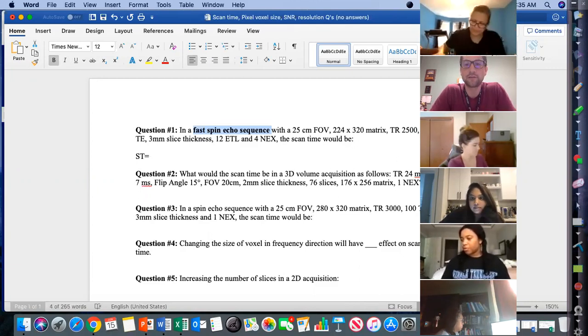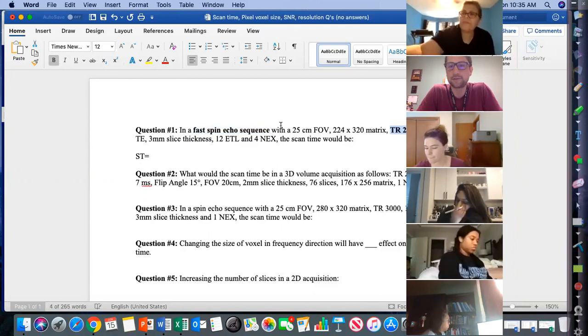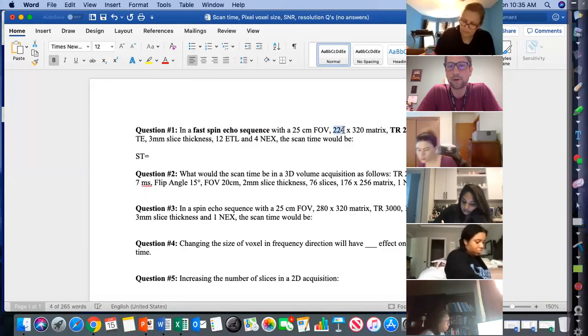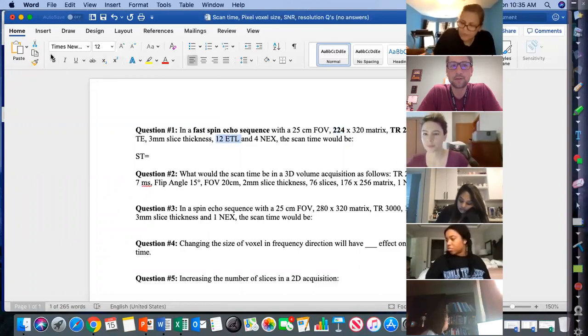When I solve for these, I always like to highlight the things that I need, and then I just don't even worry about the things that I don't. Phase encoding steps is, remember, the smaller number of the matrix, so 224. You need your echo train length, and you need your NEX.